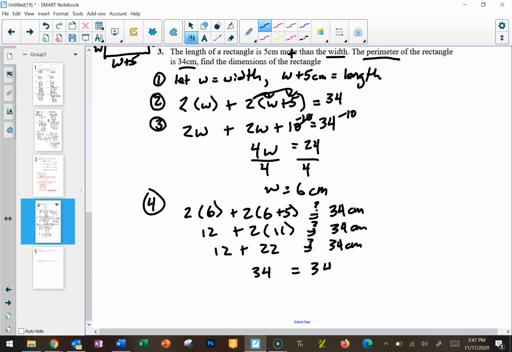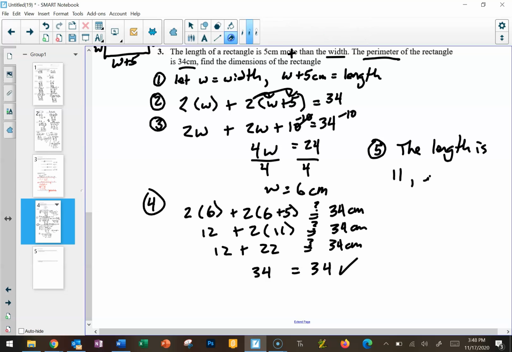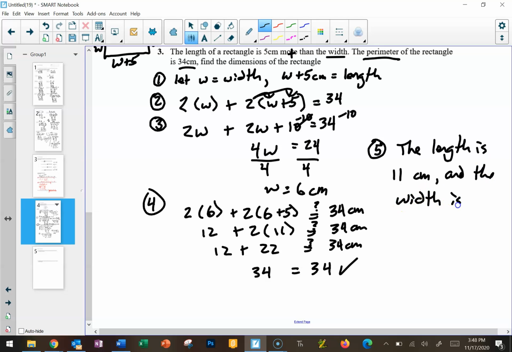Does equal 34. Check. So our final statement is the length is W plus 5. So that's going to be 6 plus 5, 11. 11 what? 11 centimeters. And the width is 6 centimeters.